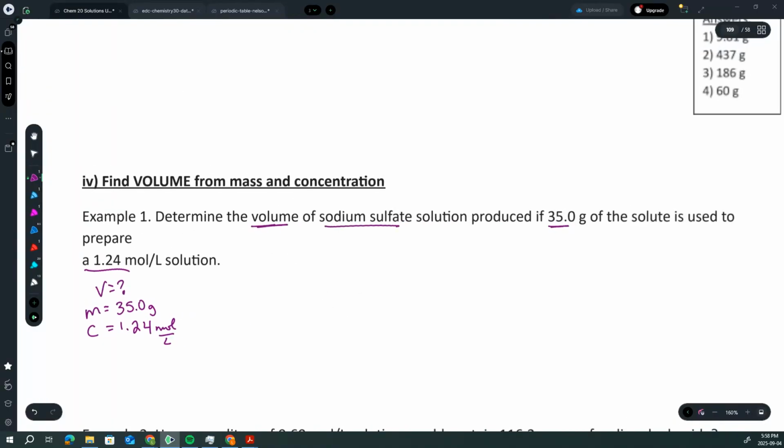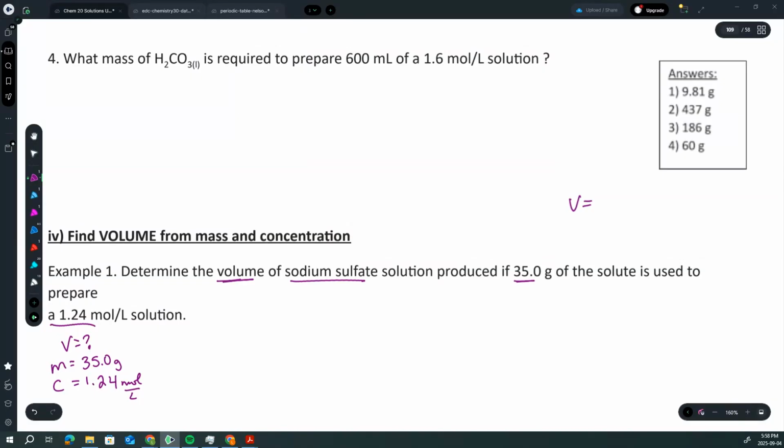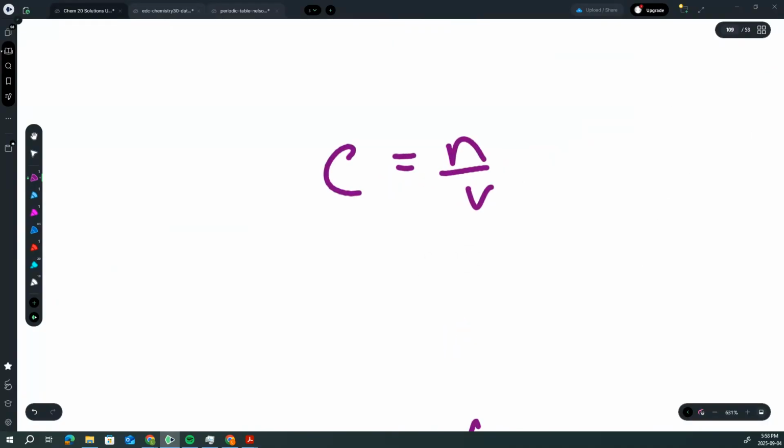All right. So what's happening here is we're aiming to find volume. Now, for our volume formula, if I go back to concentration is equal to moles divided by volume, remember to isolate for volume, we need to first get it into the numerator and then isolate it.